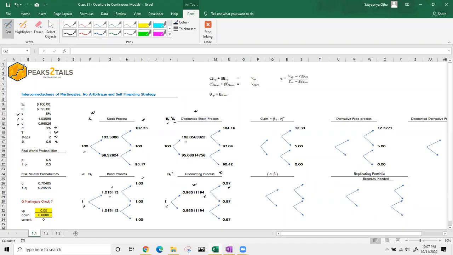This means the stock price at this node discounted to today. This is the stock price in the down state after the end of the first period, discounted to today. This is the stock price in the up state after the end of the second period, discounted to today.